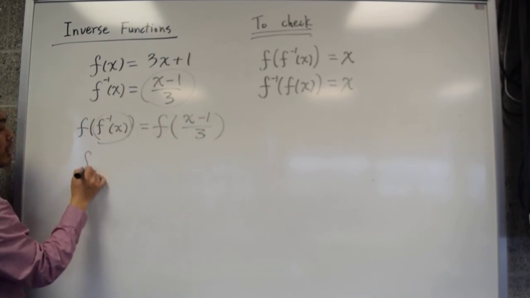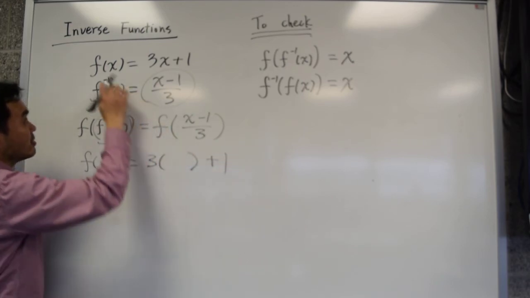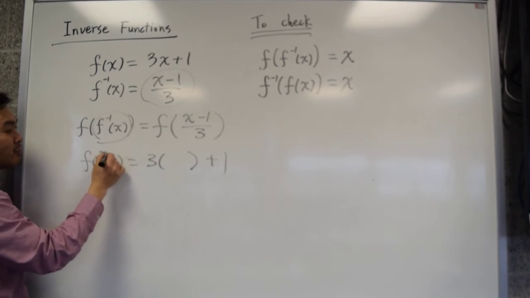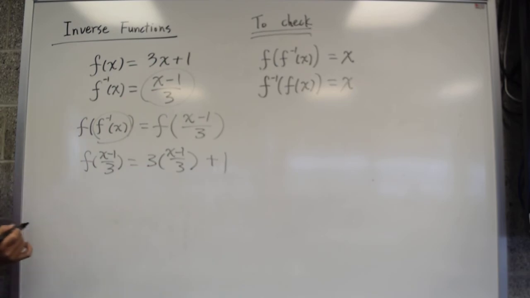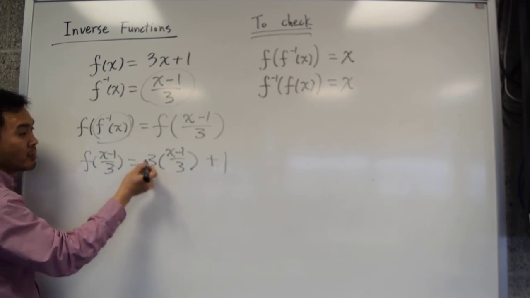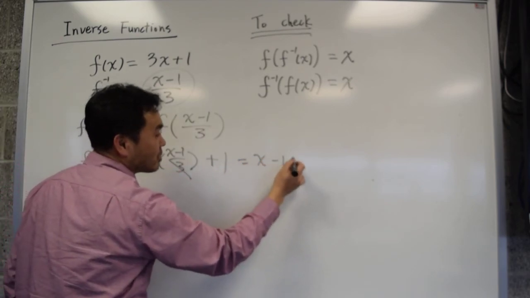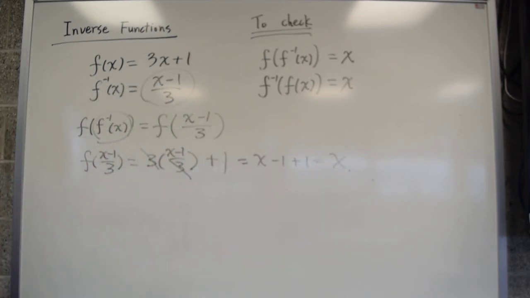Well, f of x is 3 times x plus 1. That's what this definition is saying. Now you plug in x minus 1 over 3 there. Now can you simplify this? The 3 cancels, and you get x minus 1 plus 1, which is x. Good. So we verified that it's true.